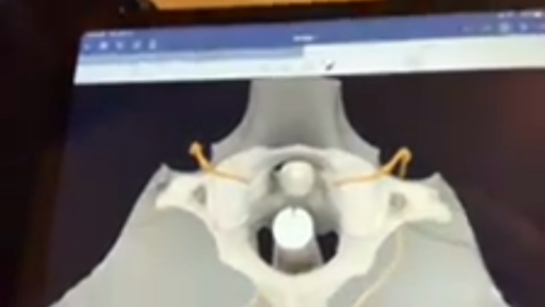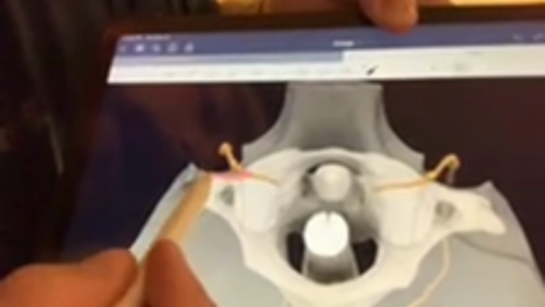So if we take a look here at this picture, and I turn the light off so you can see, I've got the atlas. We're looking at a top-down view again of the atlas. And this nerve here in yellow is the vagus nerve. And so you can see just off of the anatomy, it's sitting on the anterior side of the atlas.